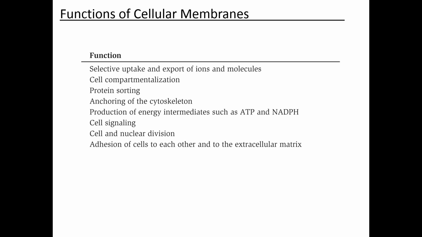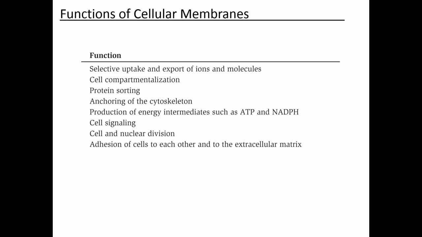Later on in the course, we will get to how membranes are involved in the production of things like ATP and NADPH. Specifically, we'll see how the inner membrane of the mitochondria produces ATP, and that the thylakoid membrane of the chloroplast produces both ATP and NADPH. When we get to cell signaling, we'll see that membranes are also involved.